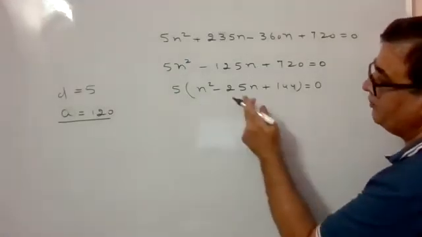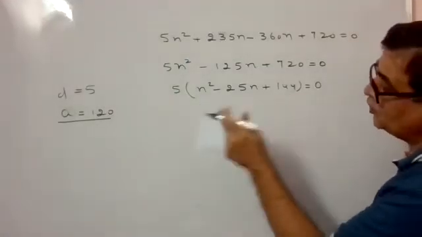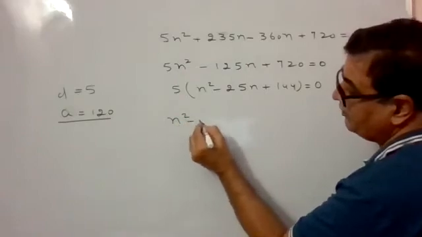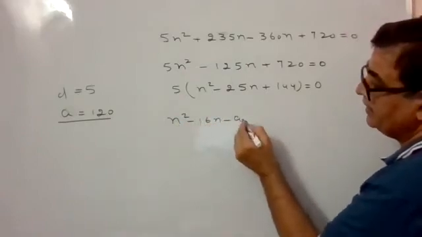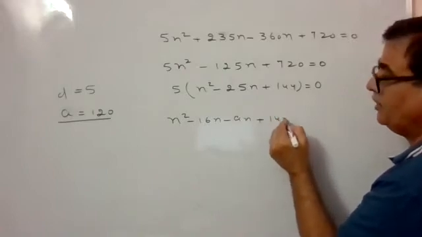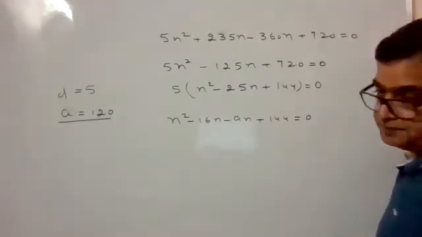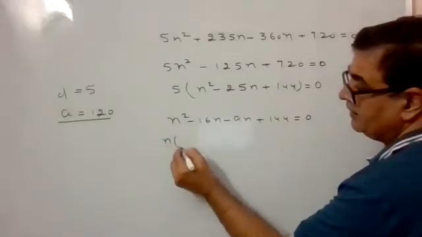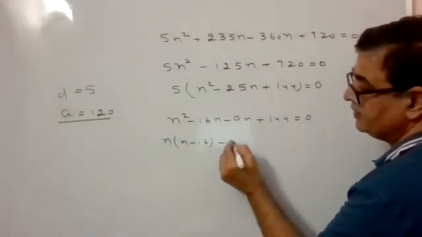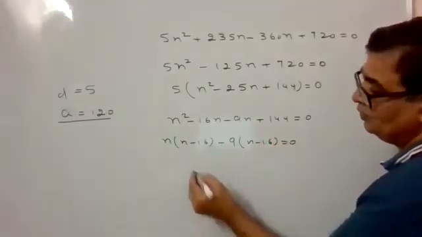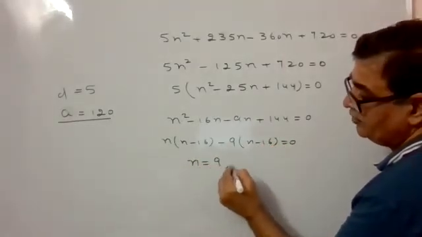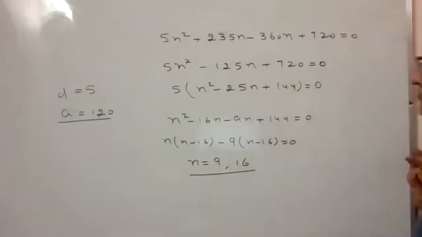We have n square minus 25n plus 144. So middle term splitting: n square minus 16n minus 9n plus 144 equals 0. Then I take n minus 16 common, n minus 16 into n minus 9 equals 0. So n will be 9 or 16.